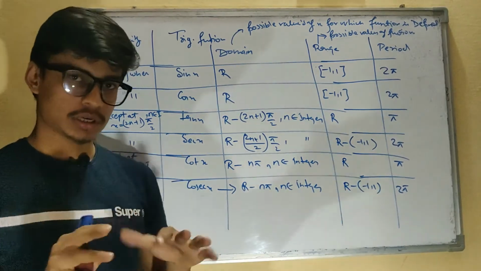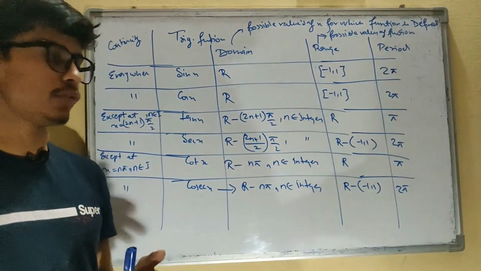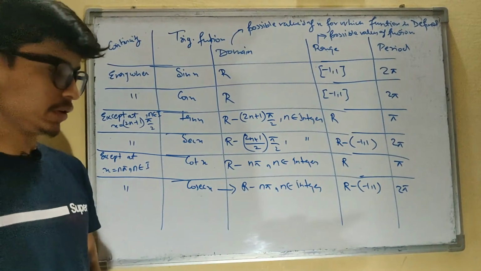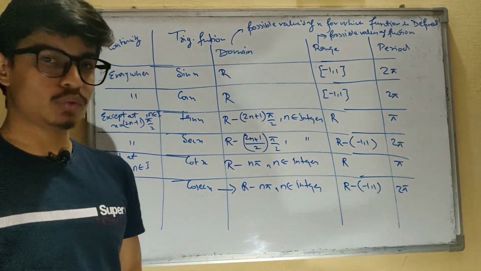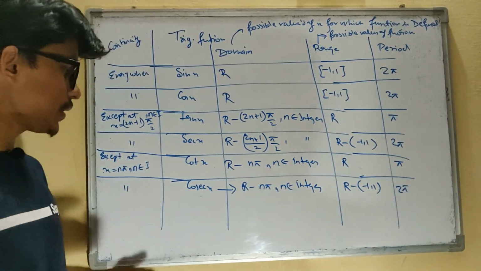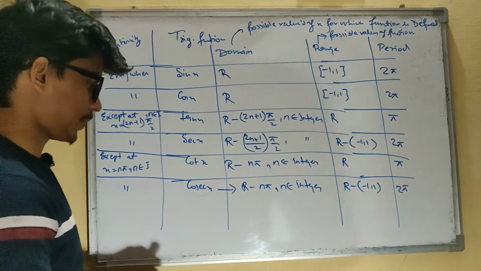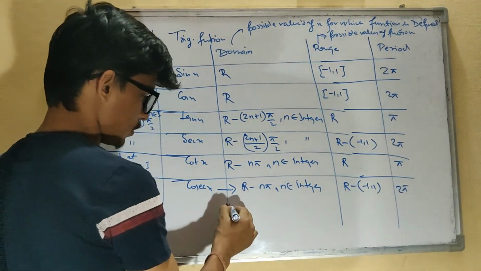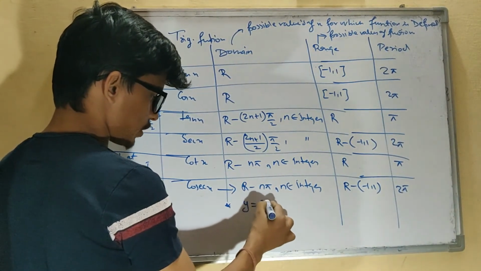You should draw the graph. On one graph, draw all 6 trigonometric functions, and if you can, please try to draw a graph for me of y equals sin 2x.